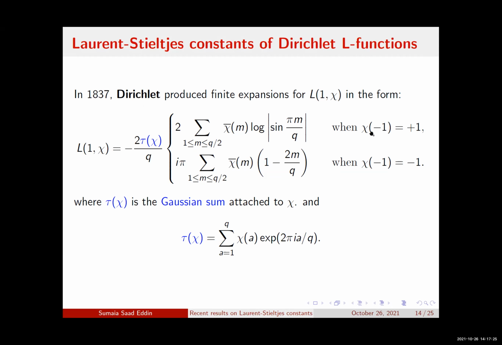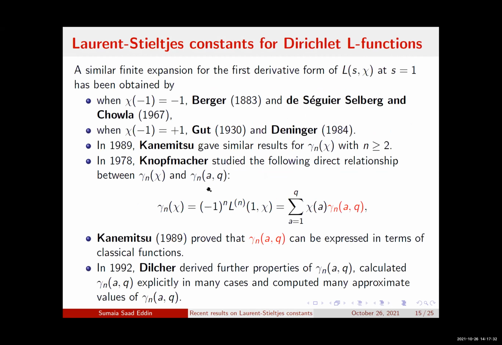The first, if the Dirichlet character is even, the second, if it is odd. And similar finite expansions for other derivatives of the L function at s equals 1 were given by many authors. Here we have the names. Of course, I couldn't write everything because the formula is a bit long and needs more notation.